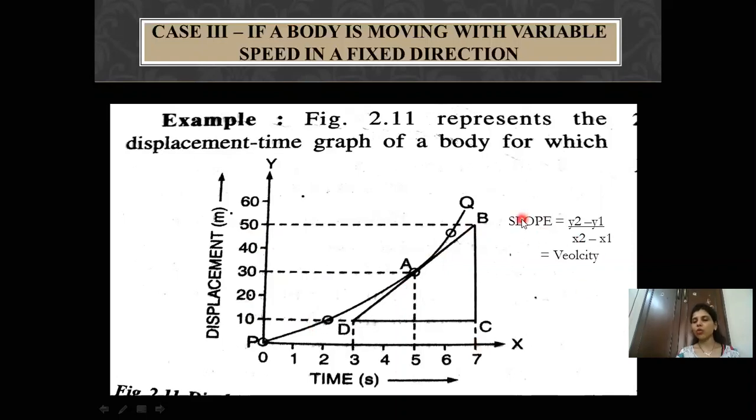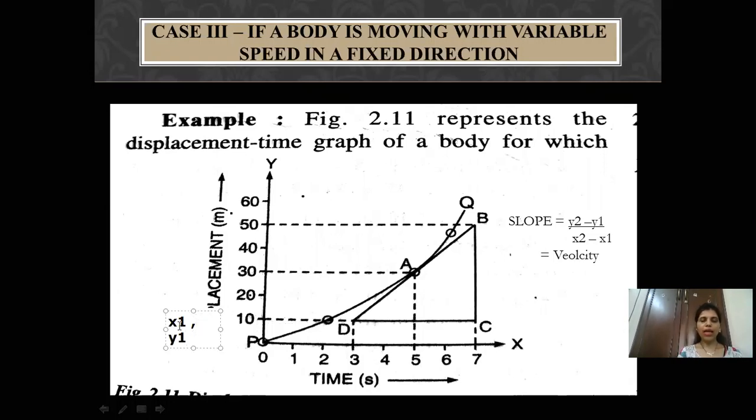Now to find the slope, as I had told you, the formula is y2 minus y1 upon x2 minus x1. When you are considering that the body is starting from 0 and moving like this, the first point from where it is starting is the initial point. So the first coordinate is x1, because we always write the x coordinate first, comma y1.